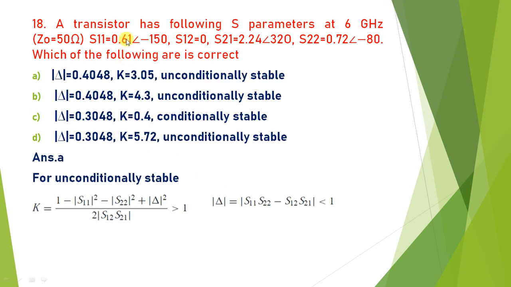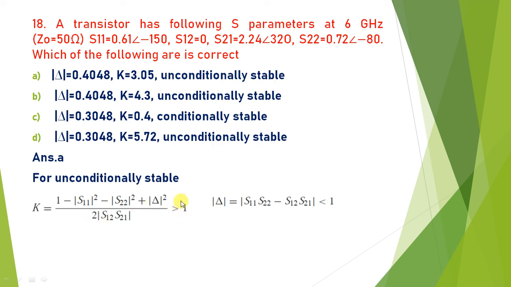Now again, a transistor with the following parameters is given at frequency 6 GHz. Which of the following statements is correct? So for that we have to find the value of delta as well as the value of K. The equation for K is given like this and delta is given like this. If K is greater than 1 and delta is less than 1, then kindly follow these rules, and it is considered unconditionally stable.